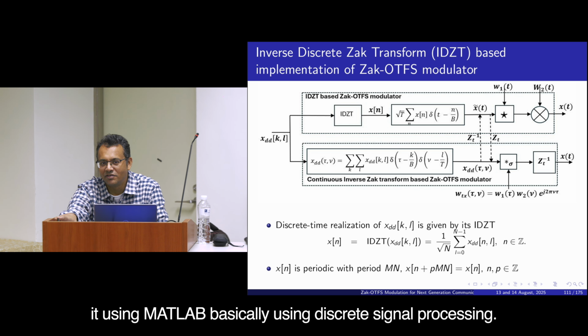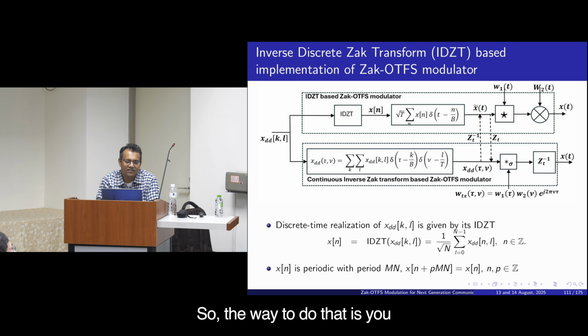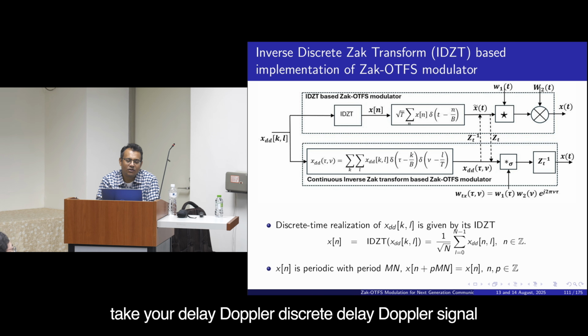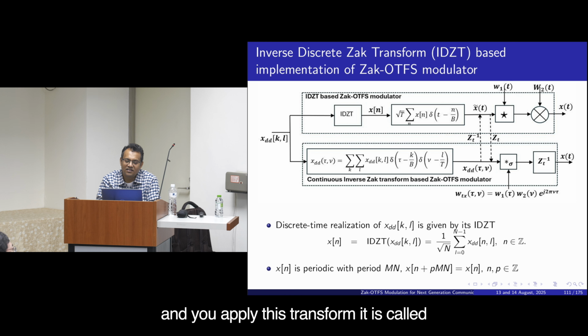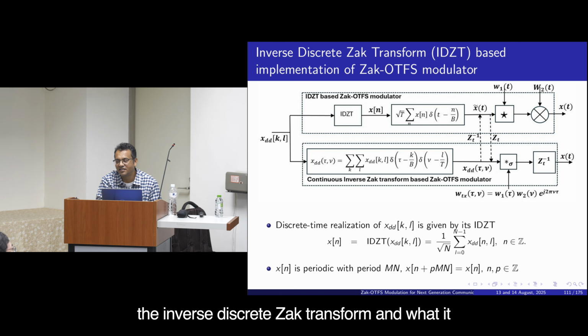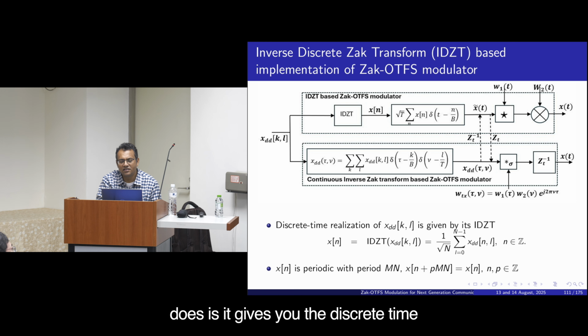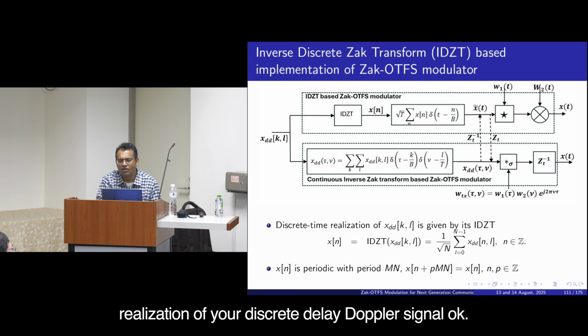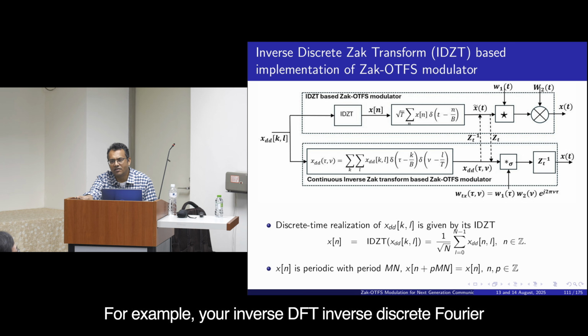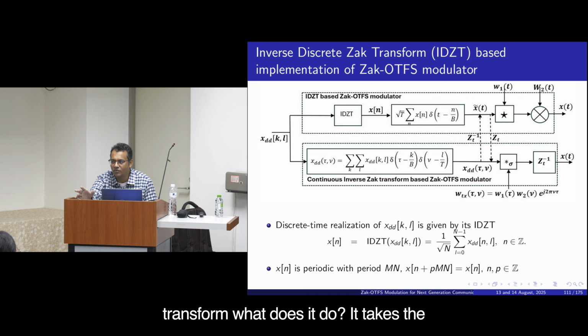using discrete signal processing. The way to do that is you take your discrete delay Doppler signal and apply this transform. It's called the inverse discrete Zak transform. What it does is it gives you the discrete time realization of your discrete delay Doppler signal. For example, what does your inverse discrete Fourier transform do?